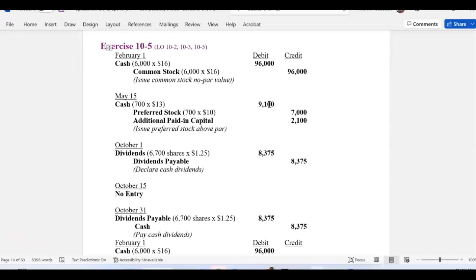However, the par is $10, so that's all that can go in the par. 700 shares times $10 par value is only $7,000. The $2,100 difference goes in additional paid in capital, preferred stock. That's where the $2,100 goes.